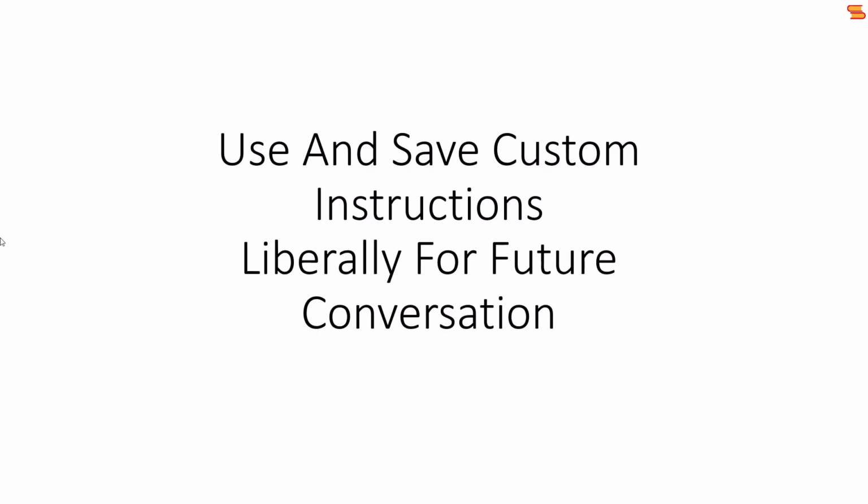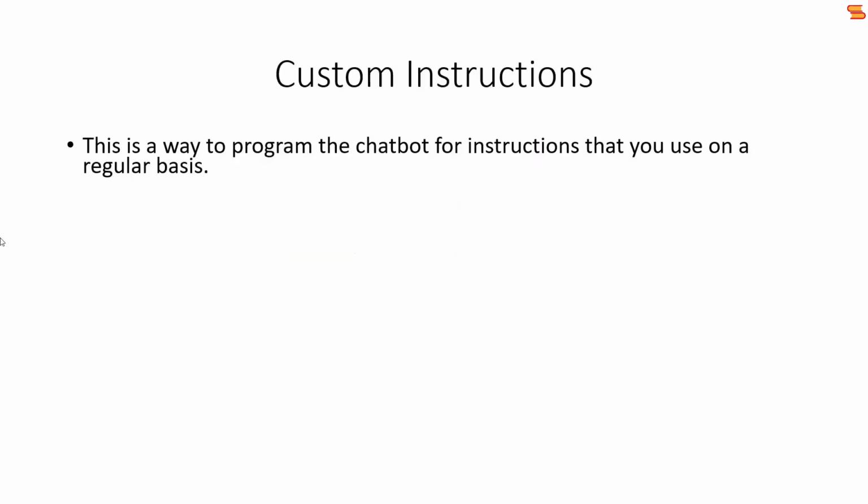This is a way of programming the chatbot for instructions that you use on a regular basis. So if you are always telling the chatbot, well, this is what I do for my business, or here's what I want to do in this section, and you find yourself saying that over and over again in different conversations, you want to create a conversation with those custom instructions.